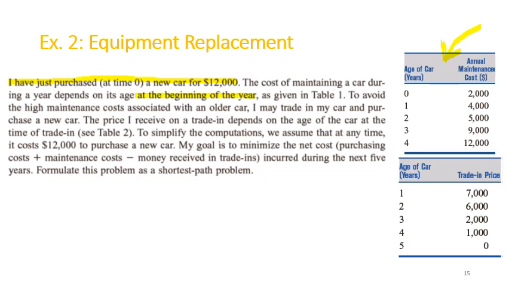So suppose you are buying a car in January 2020, it means that the age of the car at the beginning of this year is 0. So this year you have to pay 2,000 for maintaining your car. This table shows different maintenance costs, which depend on the age of your car at the beginning of the year.